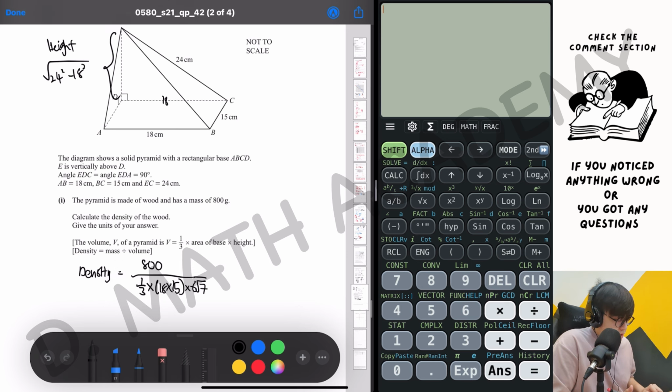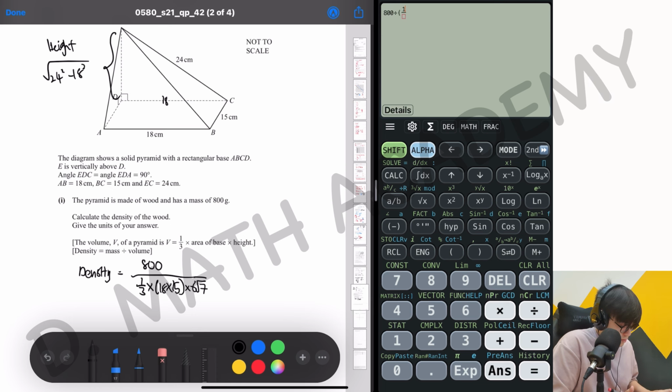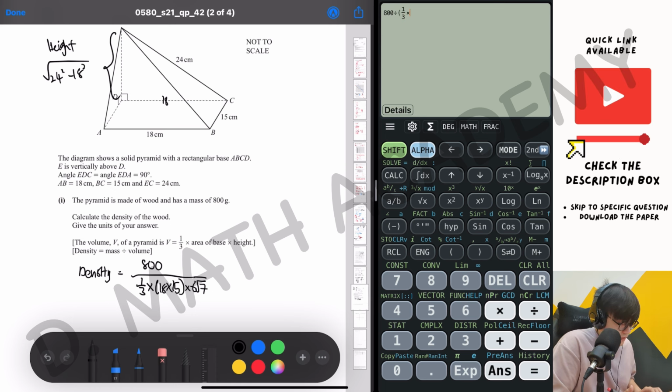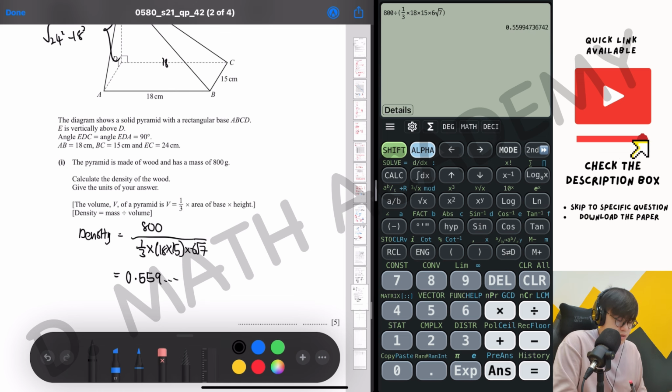So 800 divided by 1 over 3 times 18 times 15 times 6 square root 7, which is approximately 0.56 gram per cm cube. So that's your final answer for this question here.